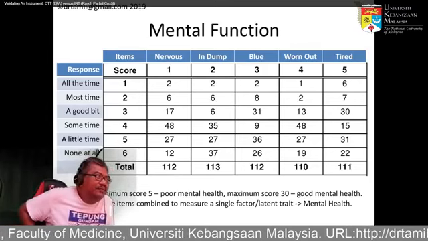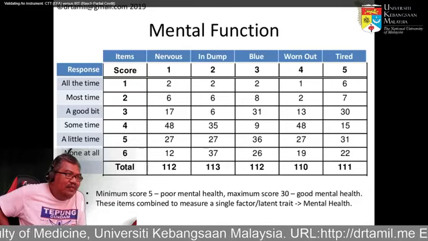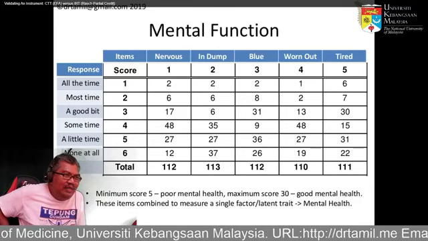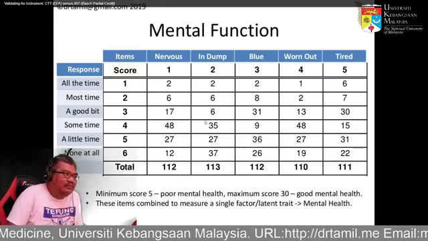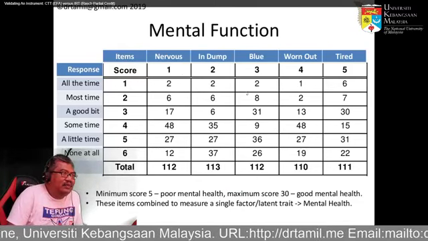So in summary, are you nervous or not? Are you in the dumps or not? Are you feeling blue? Are you worn out? Do you feel tired? So you can see these are the responses.